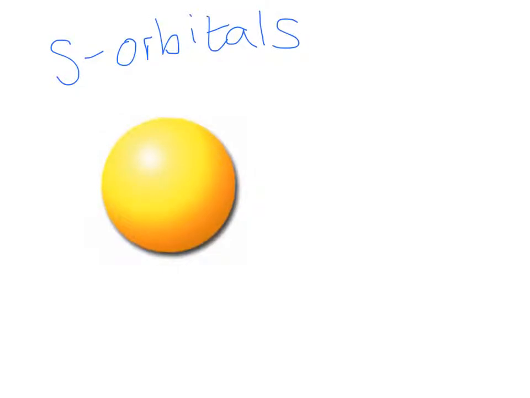An s orbital has a spherical shape as seen in the picture. Remember we said the principal quantum number, n, indicates the shell that the electrons occupy. From n equals 1, i.e. the first shell, each shell contains 1 s orbital.